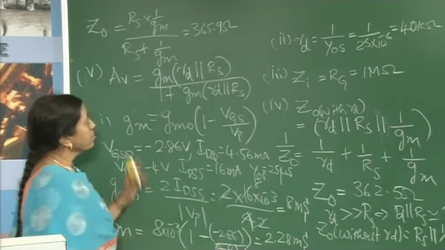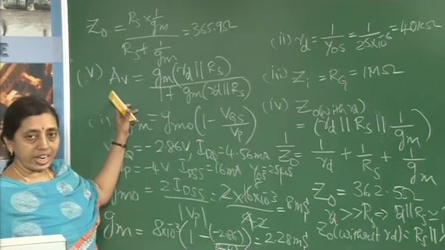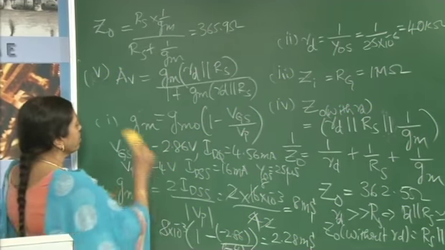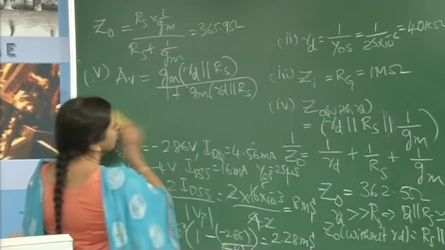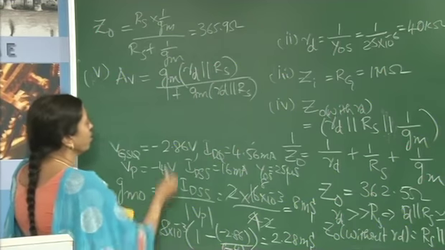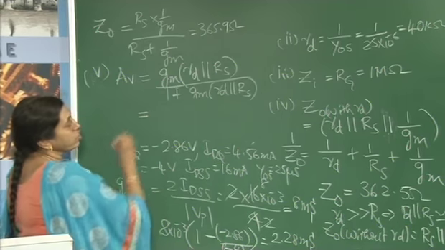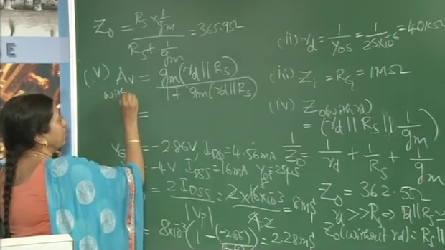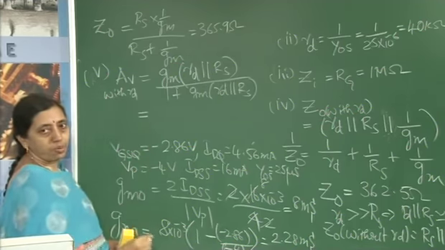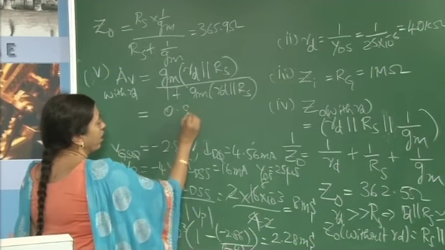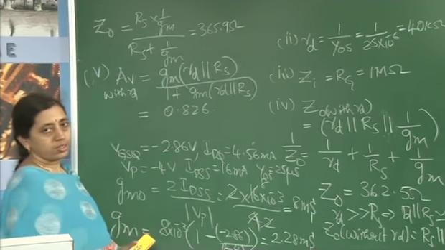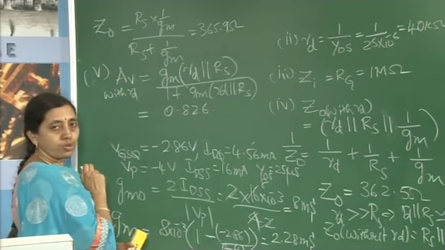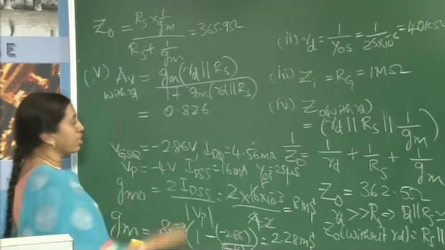So, this is the expression we get if RD is considered. Now, substitution of these values in this expression will give the value of AV with RD to be equal to 0.826. As you know, AV is the ratio of output voltage to input voltage, so it is unitless.